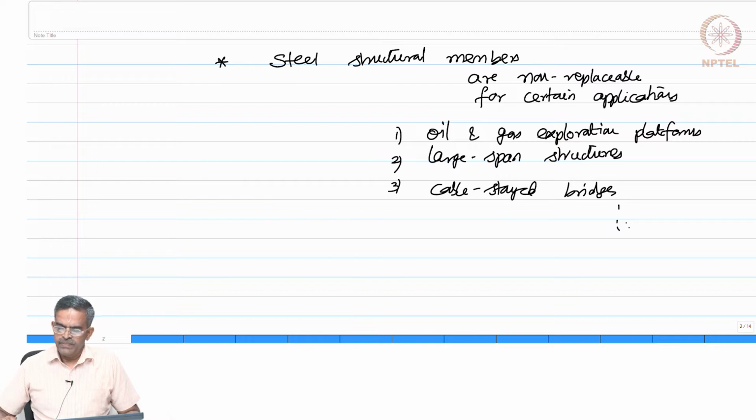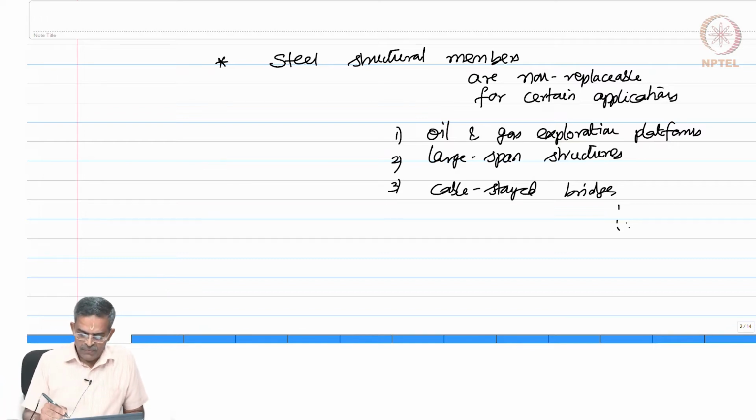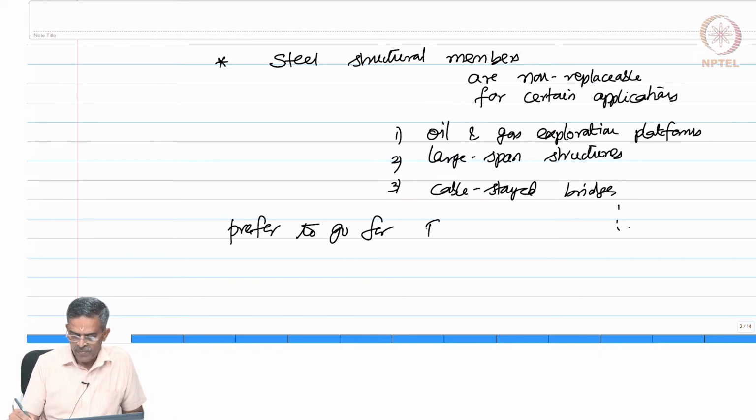We said under these kinds of special structural systems, we generally prefer to have form dominant design.